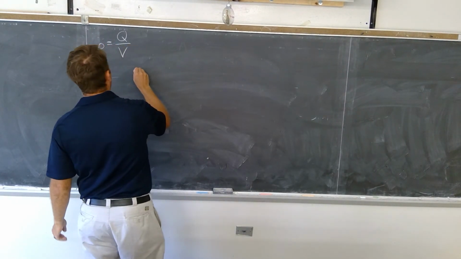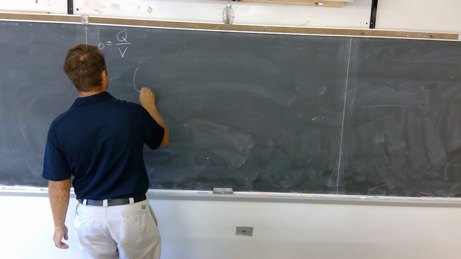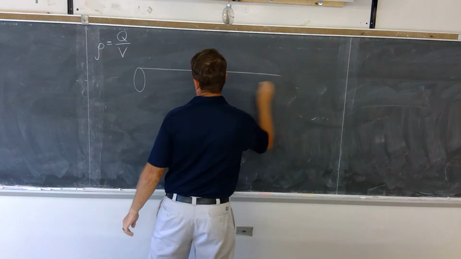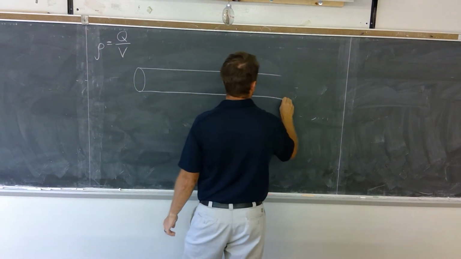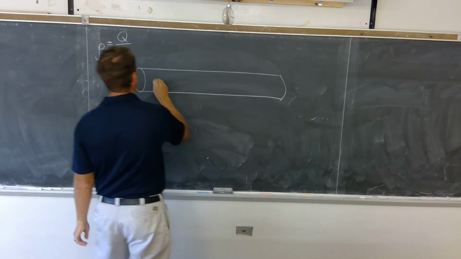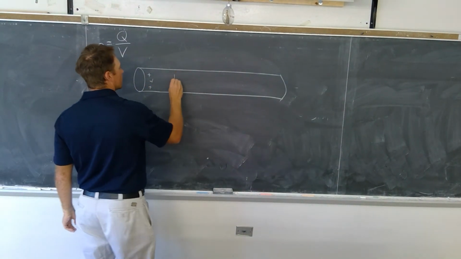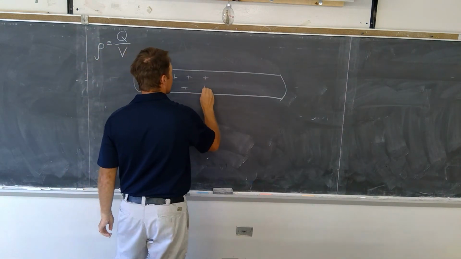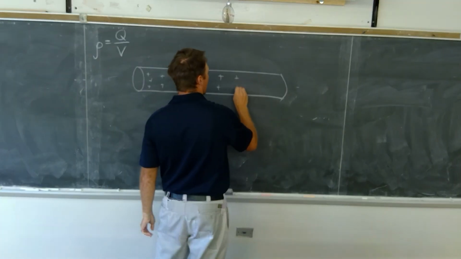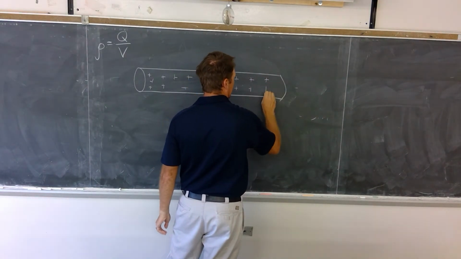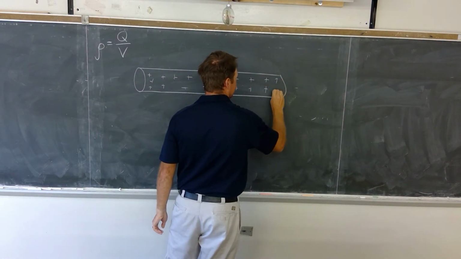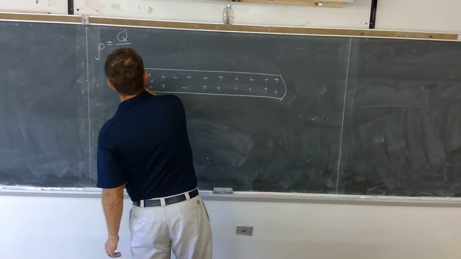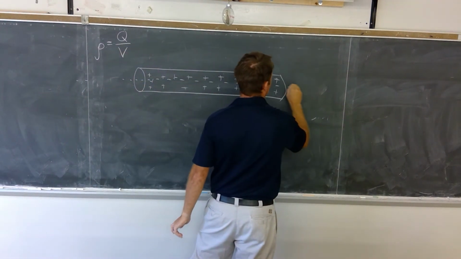So let's say that I have an insulated cylinder, again, and this now has charge throughout its volume, evenly distributed so that rho is a constant number. And here's my axis of my cylinder.